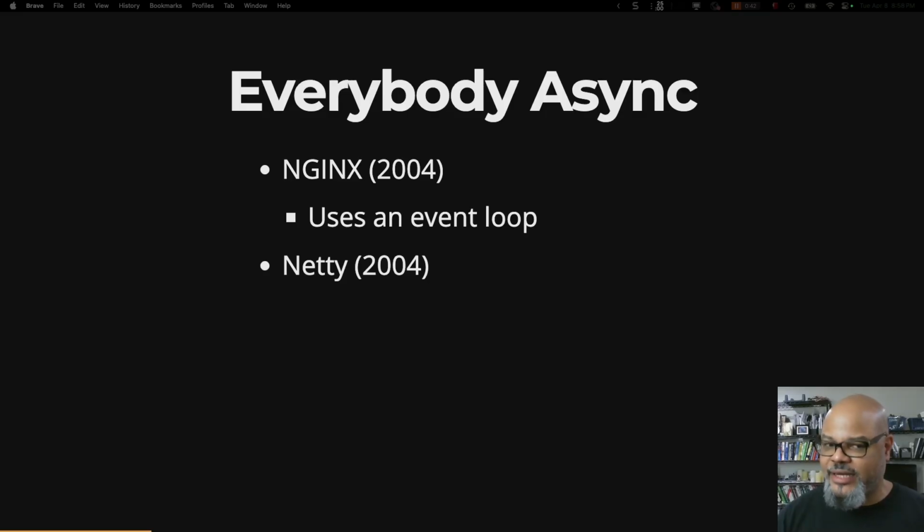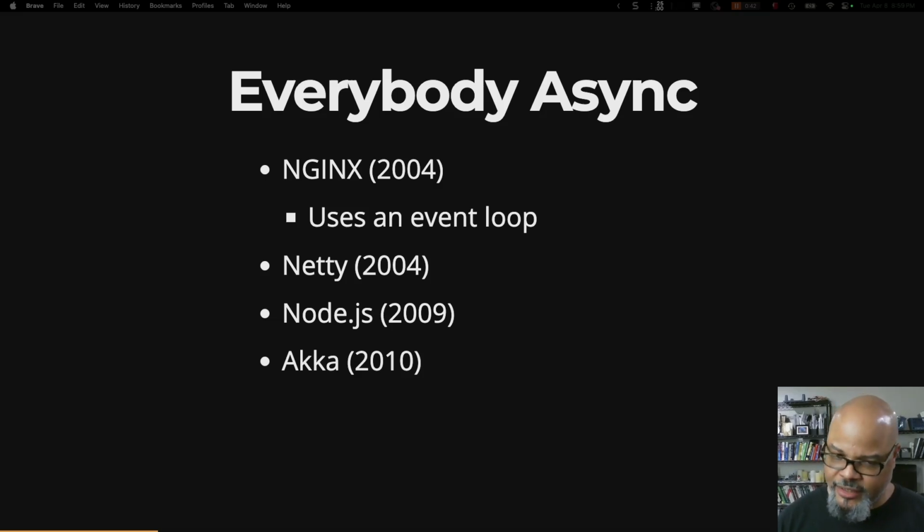Around the same time, you had Netty, which is Java-based, and the same idea, uses an event loop. Node came out in 2009, a few years later. Same idea, handles events, non-blocking. Akka, 2010, has its own metaphors with actors and everything, but the same idea, and that works in Java and Scala.